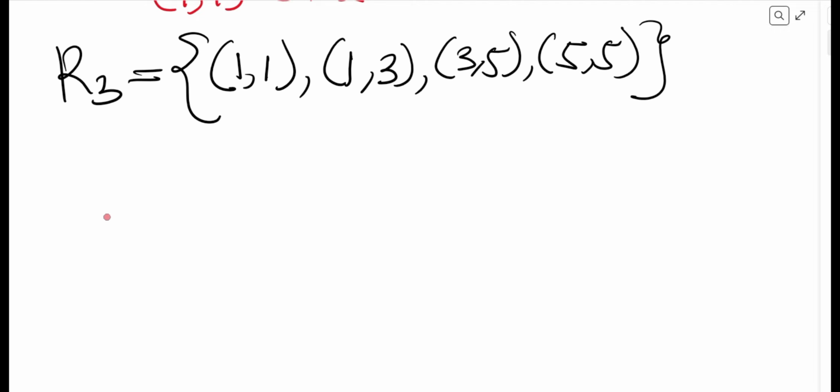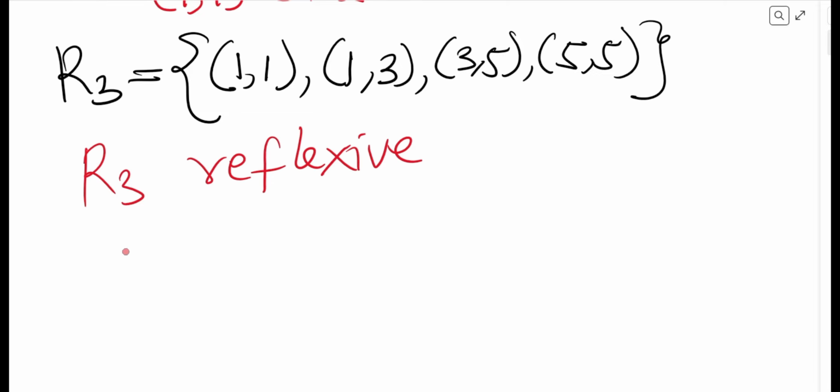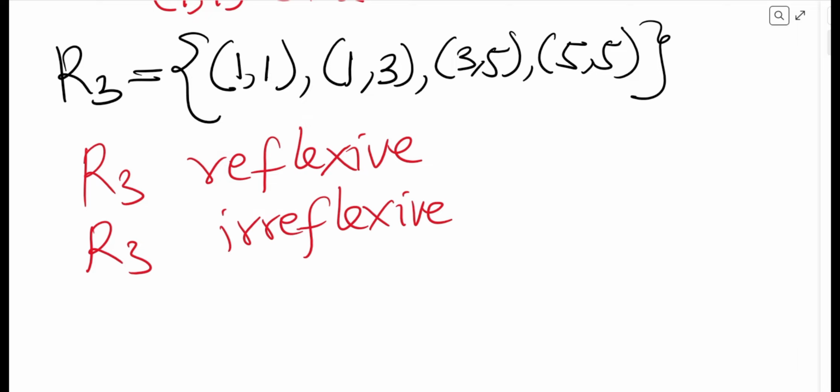Now, in the next example, we are going to check whether R3 is reflexive or irreflexive. So we check for each case. Is R3 reflexive? And as well, is R3 irreflexive? I challenge you to try your hands on it.